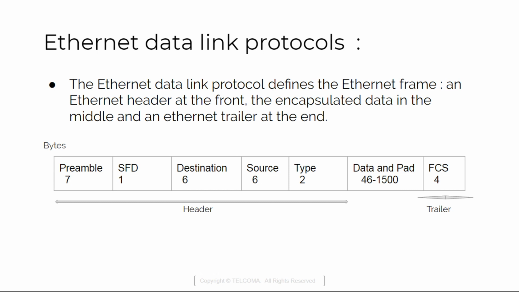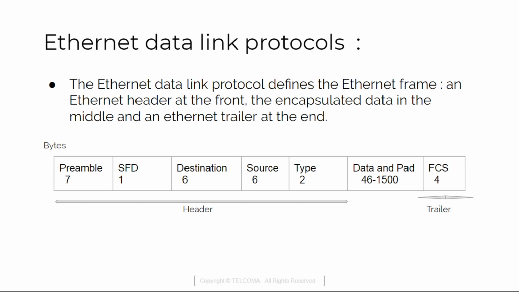This preamble is required for synchronization purposes, and is in the header. Then we have SFD, the start frame delimiter. 1 byte is consumed by it. It basically signifies that the next byte begins the destination MAC address field.